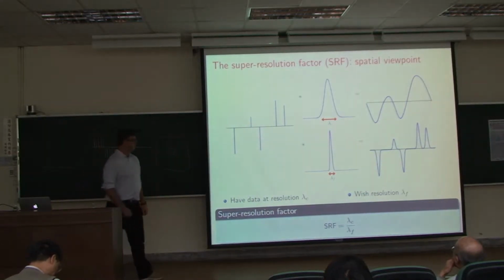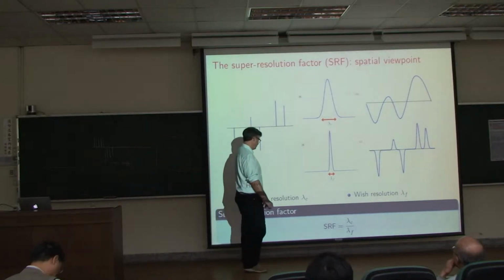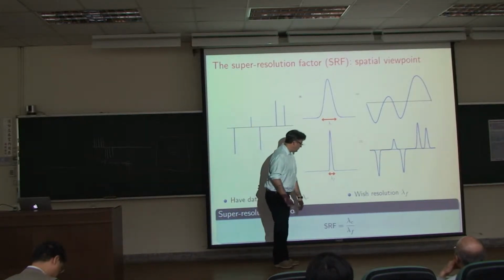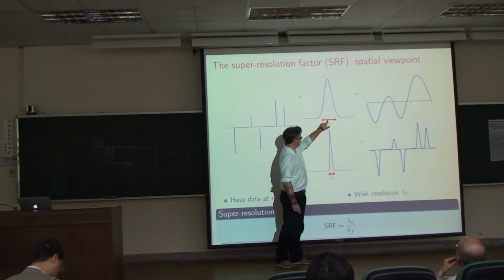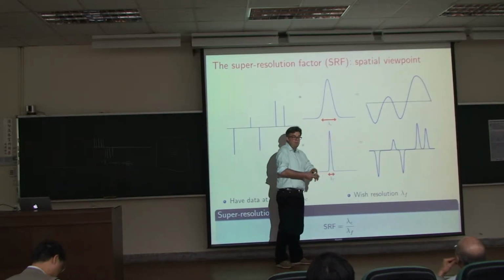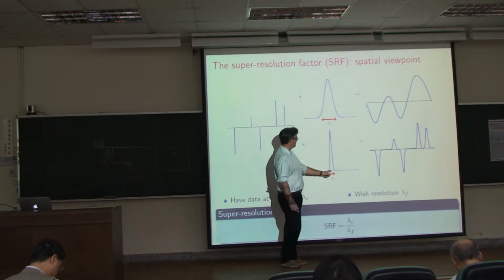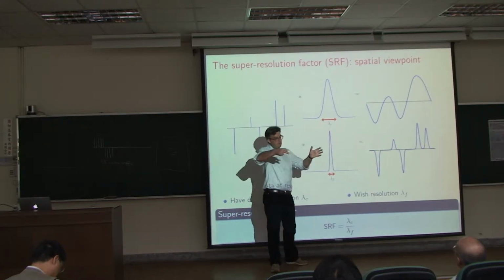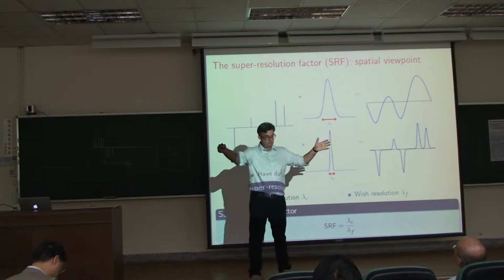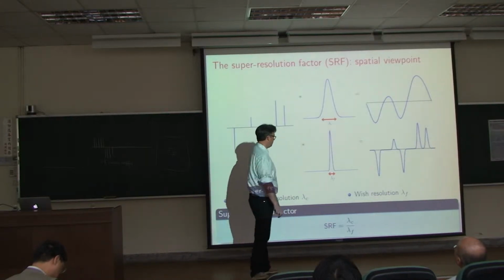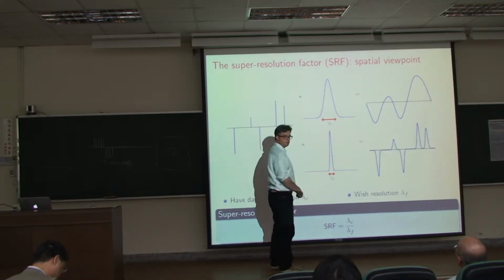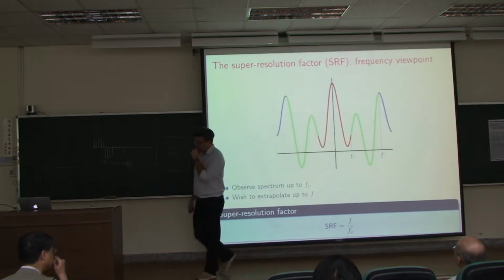The super resolution factor, what we call the super resolution factor with Carlos, is the ratio between this and this. It's by how much you want to extrapolate the spectrum. So for example, if this is half of this, I want to double the size of the spectrum. If this is 4, I want to quadruple it, and so on and so forth.